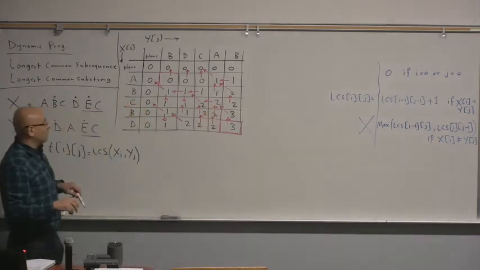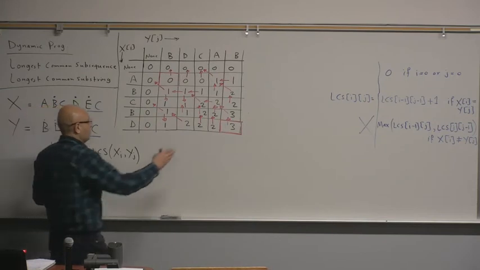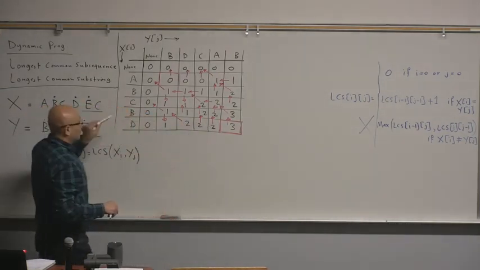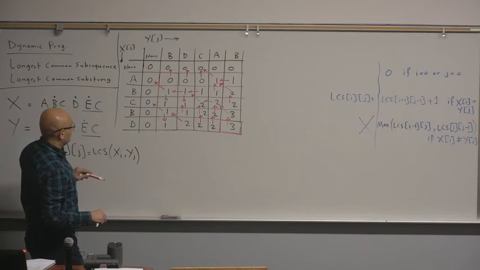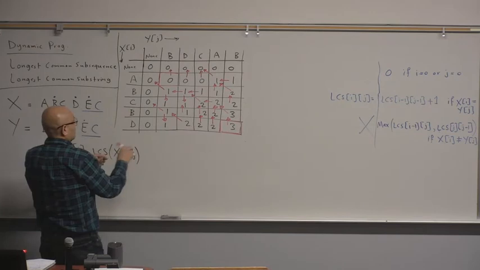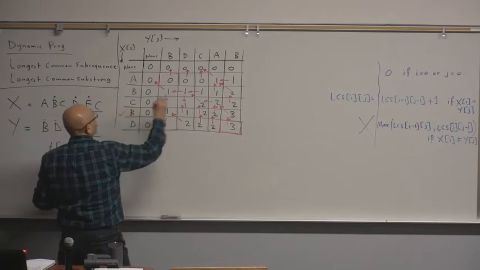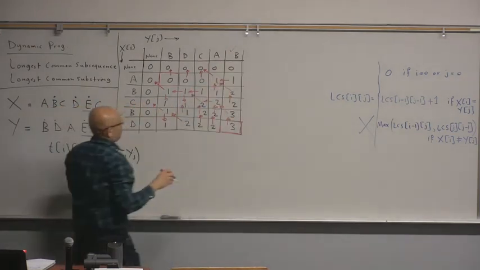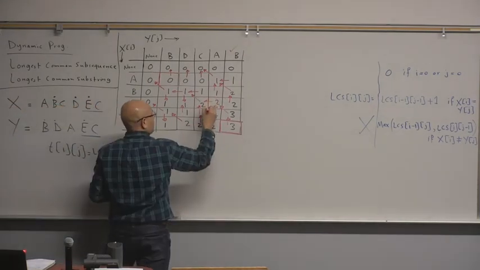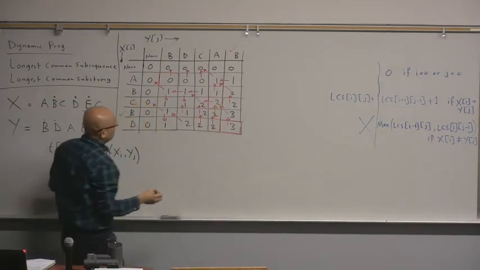We did not pick the D. We go to the previous row. So since this is not diagonal, we did not pick the D. Now here there is diagonal, so we picked the B. Then that leads us to this square. Now, is this diagonal?